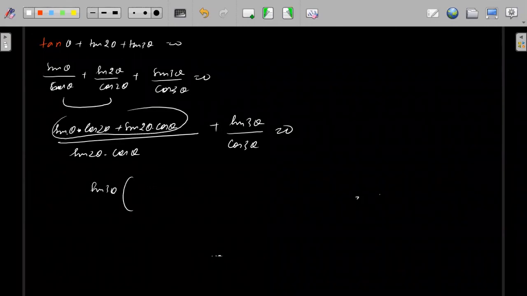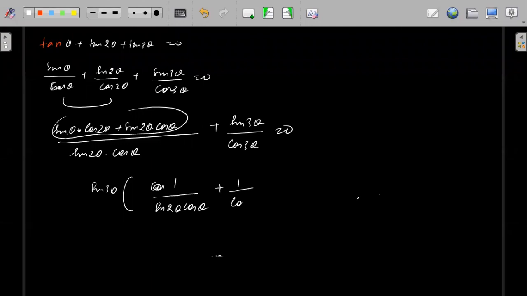I can take sin 3 theta common. So this will become 1 by (cos 2 theta cos theta) plus 1 by cos 3 theta is equal to 0. So one of the solutions can be sin of 3 theta equal to 0.